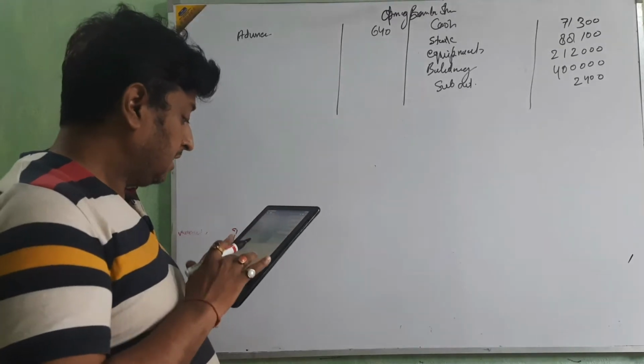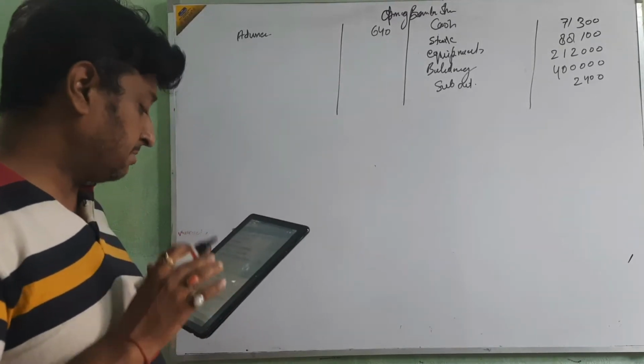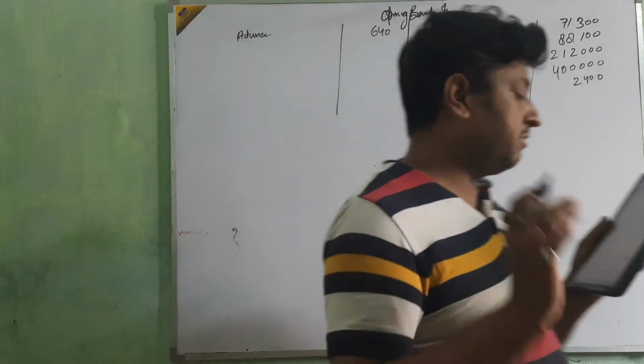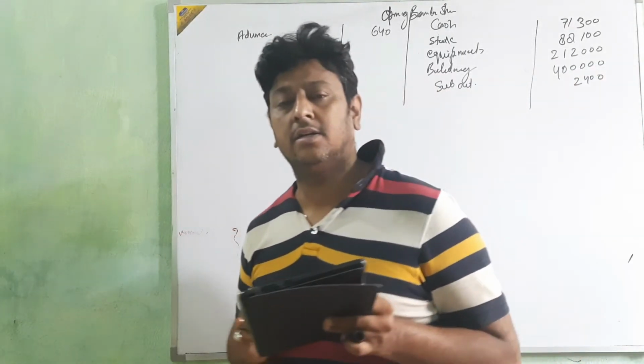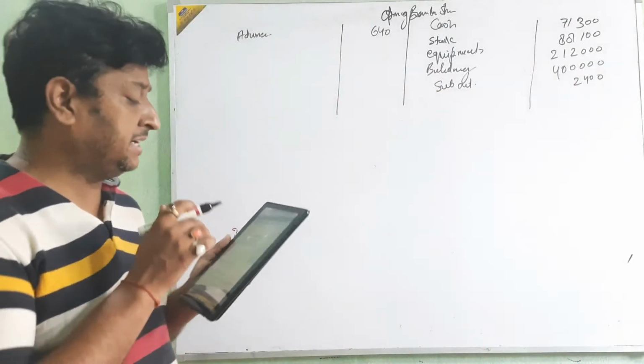Then just see in the income receipts and payment account, interest on investment is 7% for the full year. Here the interest rate is given and the interest amount is given.